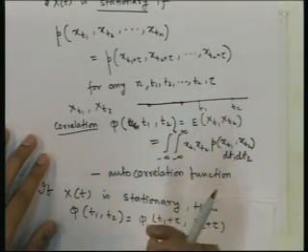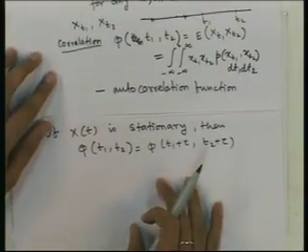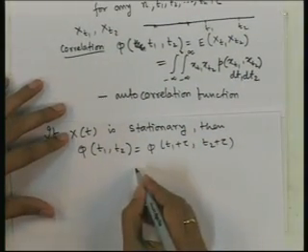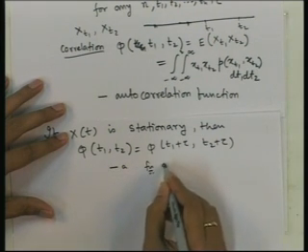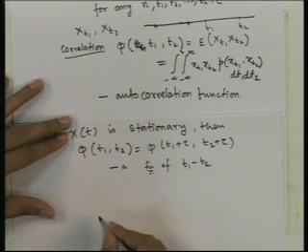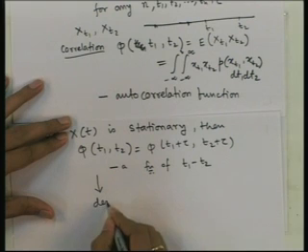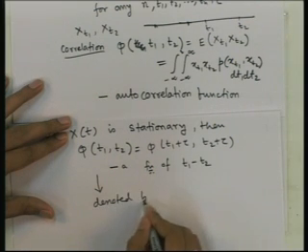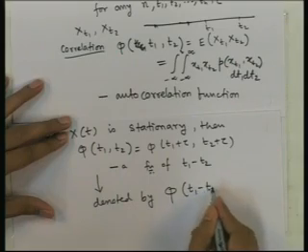So, this is a function of t1 minus t2, and it is denoted by phi(t1 minus t2).